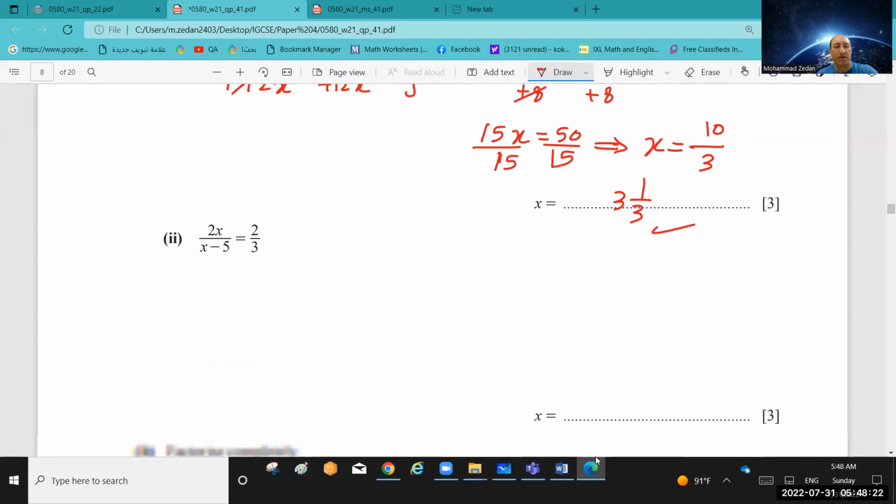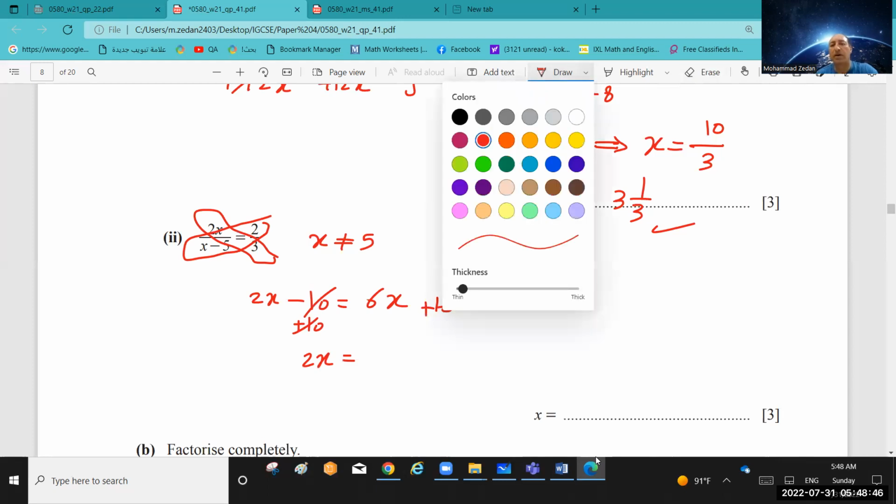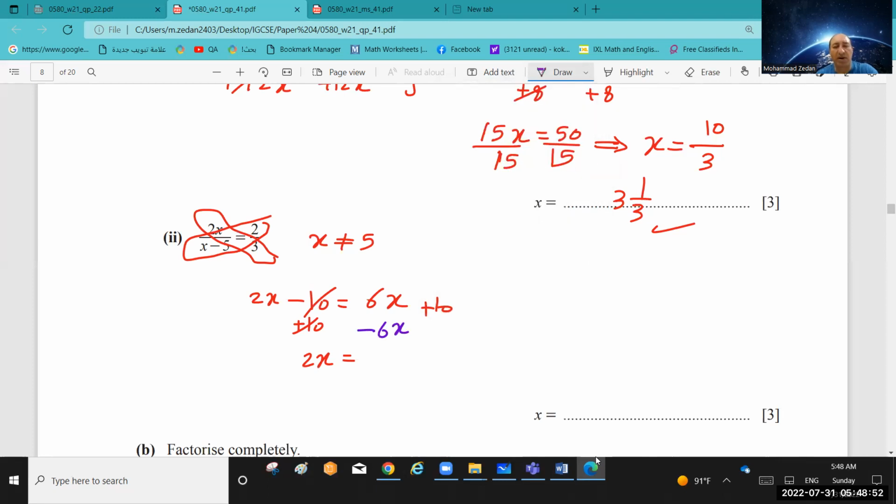The next one, of course, I have to write x is not 5, and then cross multiplication. Okay, the product of means equals the product of extremes. So 2x minus 10 is actually 6x plus 10. Okay. So 2x is equal to, and at the same time I want to remove even 6x, no problem.